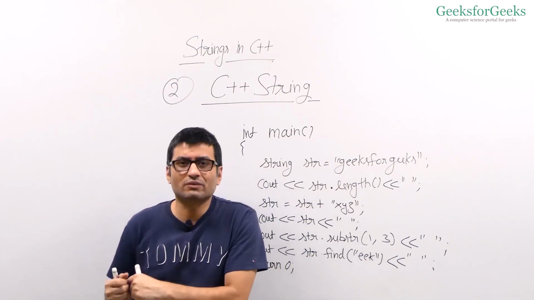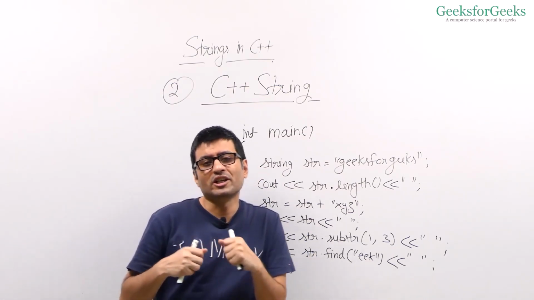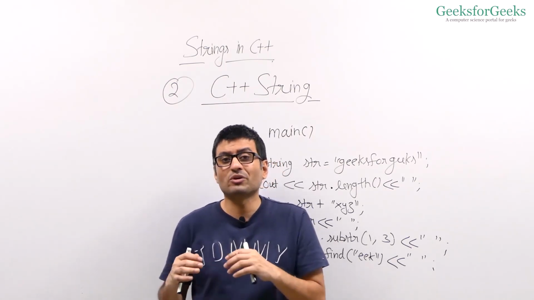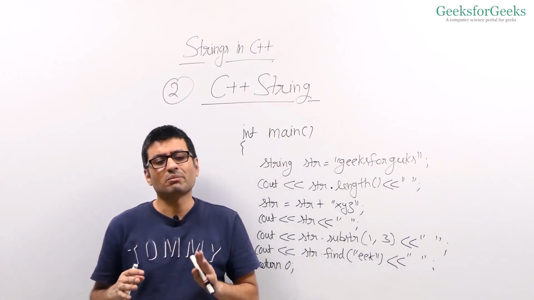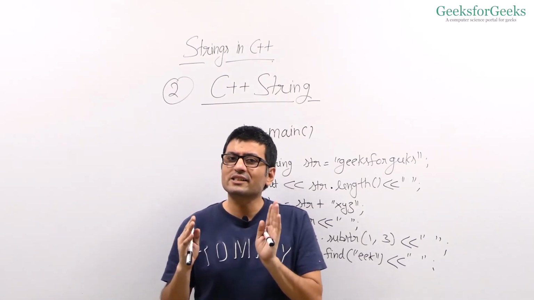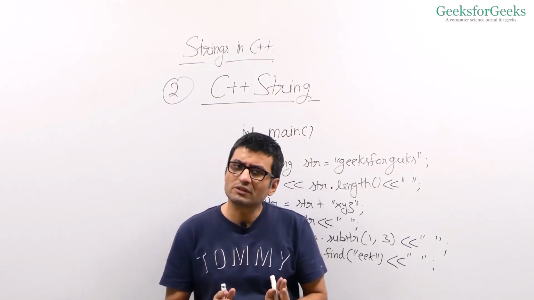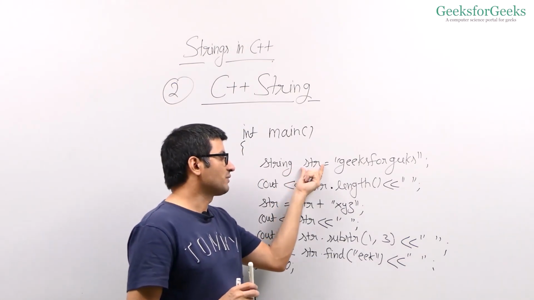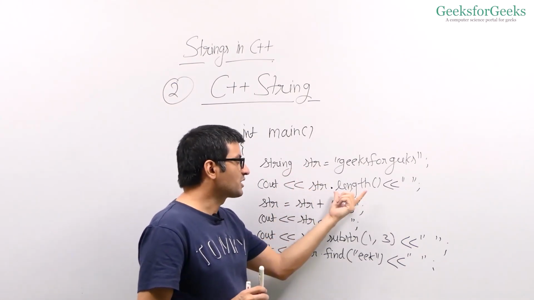Object is a variable of that class, like integer variables, float variables. We have objects of these classes. We are going to talk about these things in detail, but for now we can understand there's something like class which has functions, and class is a data type. Variables of this class are objects. So string is a class. I created an object of it here, and I'm using functions on this object.